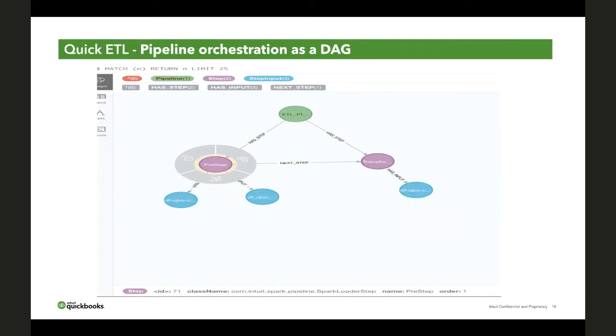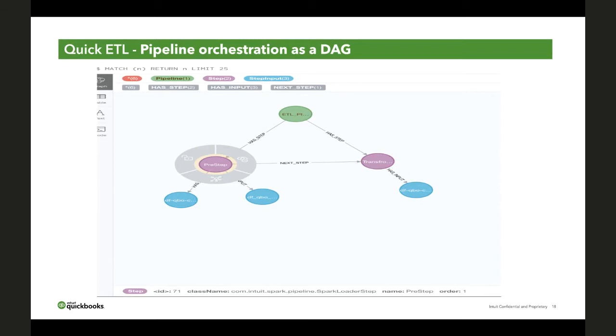In the backend, once you run this pipeline with the configs, it will orchestrate as a DAG, like step 1, step 2, and inside the step, multiple inputs. Then we have orders, so you can execute in parallel. It almost runs as a topological sort on the driver. That's how internally it executes.